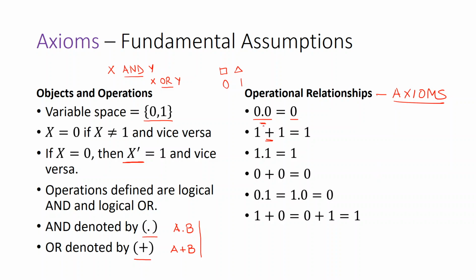So if you AND a 0 with a 0, you are going to definitely get a 0, and when you are doing an OR operation with 1 and 1, you are going to get a 1.